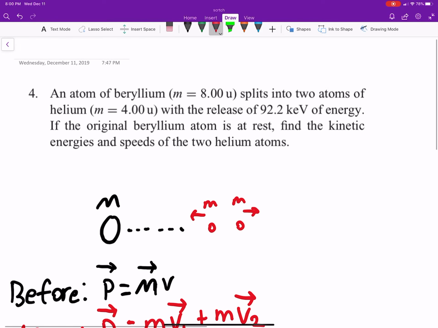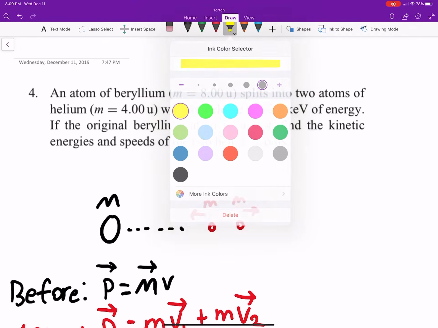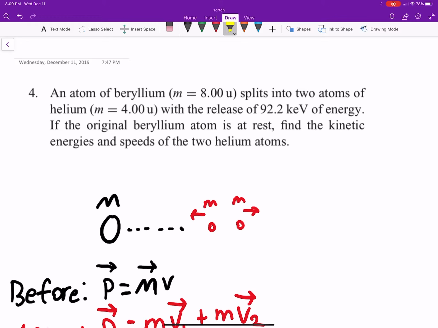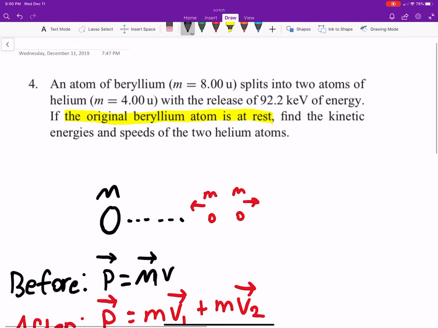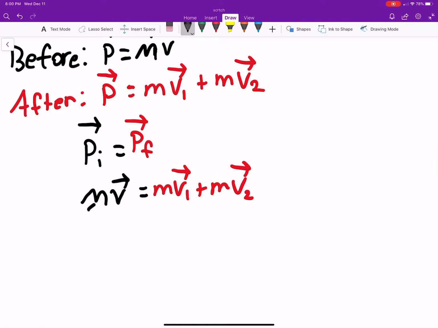Now, if we look back at the problem, we see that our atom was at rest initially, so this whole section is just 0. We can divide out by the M's, and we see that V1 is equal to negative V2.